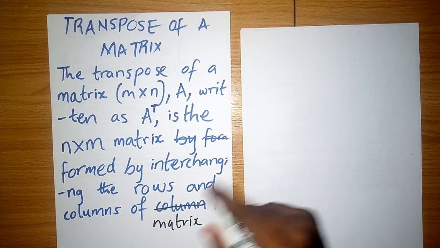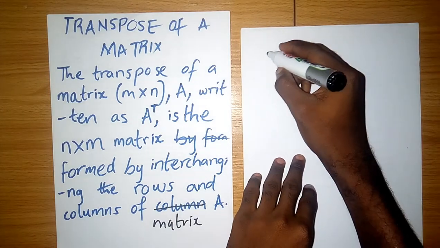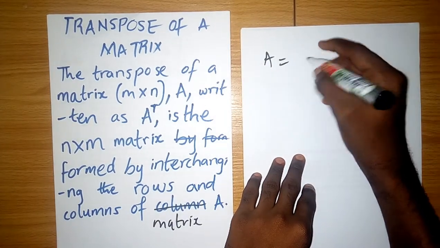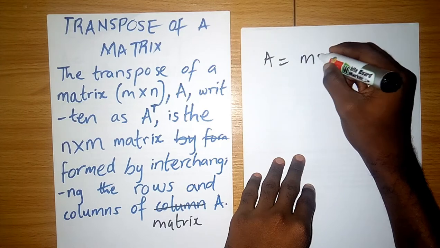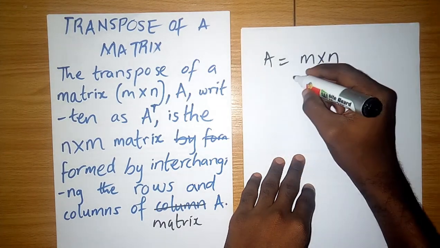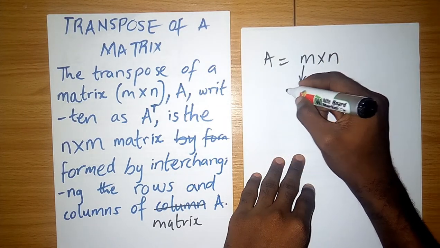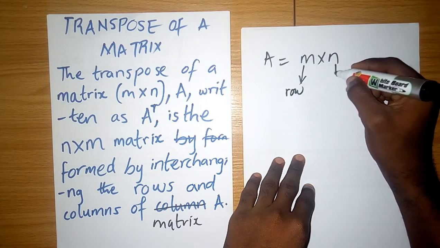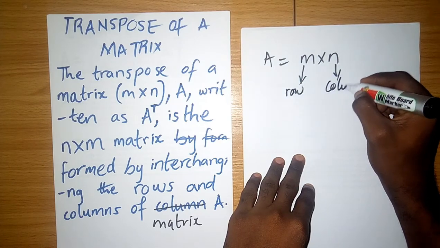What this means is that if you have a matrix A of order m by n, remember our m is our row and our n is our column.